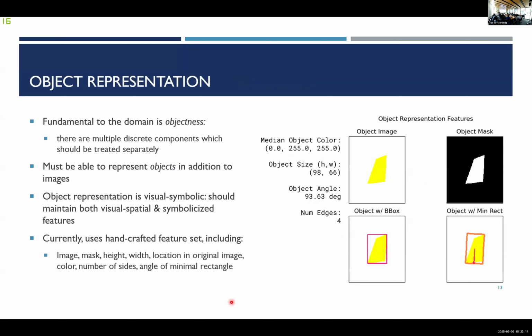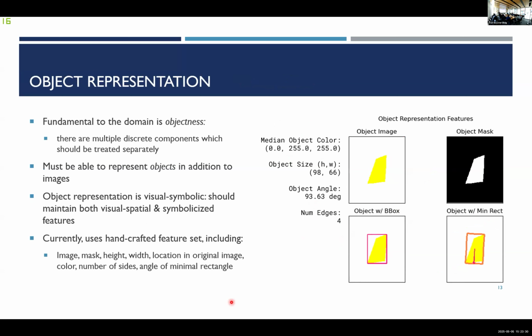In order to do this, the agent does need to understand objects. It needs to have this idea that there are components to this final product. They have unique properties, and they're worth looking at by themselves, not just as part of an image.